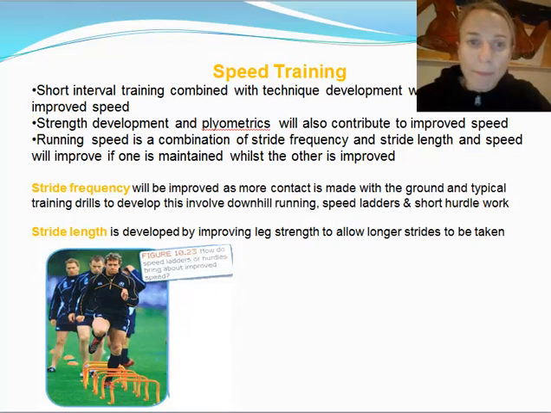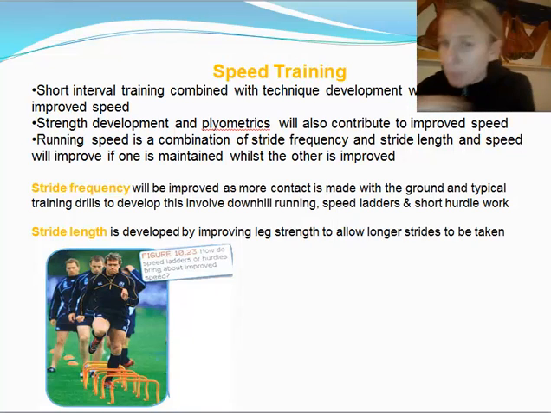Okay, speed training. Speed training helps to increase an athlete's efficiency by maximizing their frequency, so how quickly they run, and also how effectively they can increase their stride length. If we can cover more ground more quickly, we'll be able to get from point A to point B much faster.